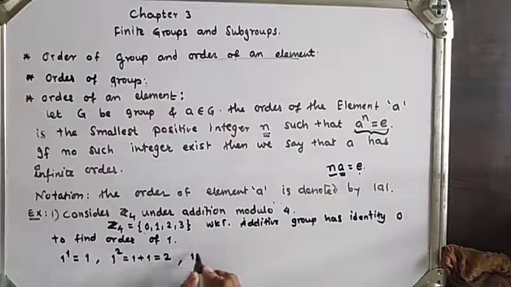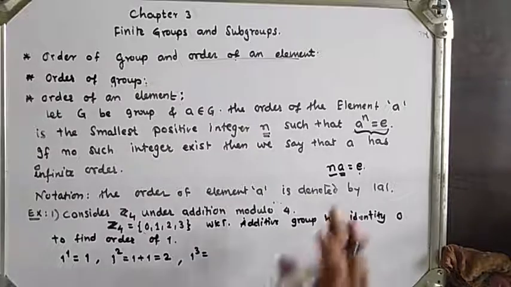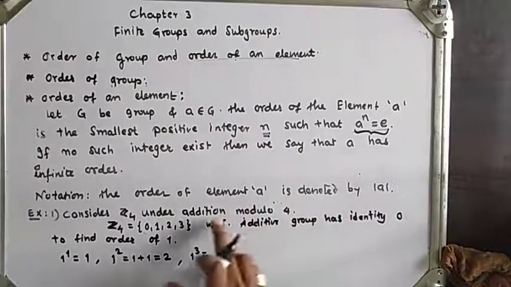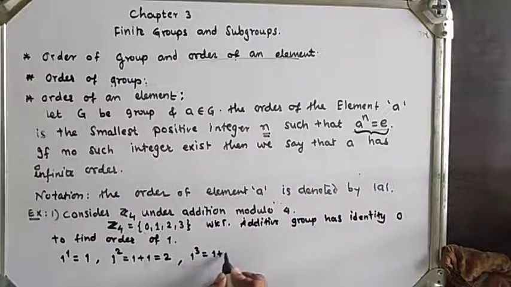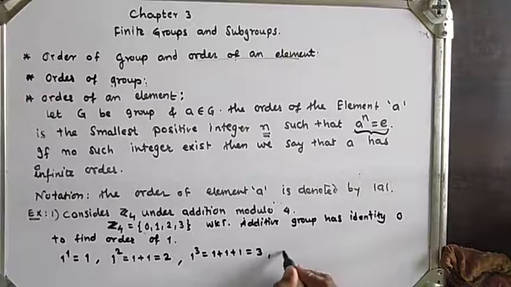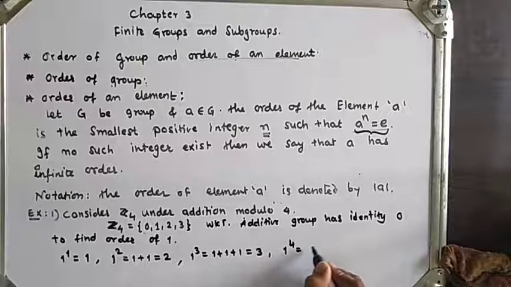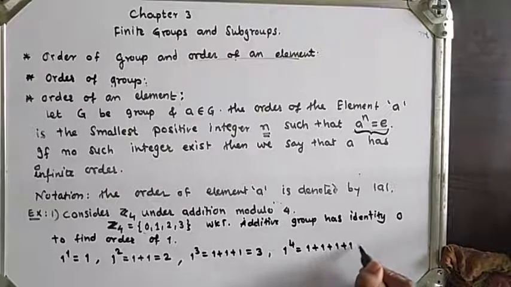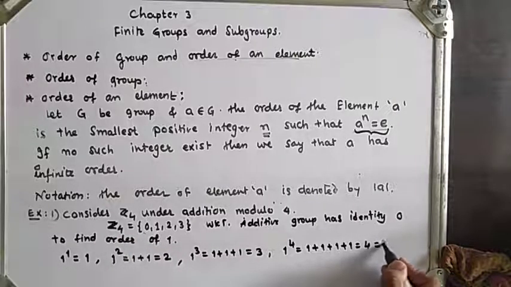Now 1 raised to 3 means, since the operation is addition, 1 plus 1 plus 1, which is 3. Again not identity. Next, 1 raised to 4 is equal to 1 plus 1 plus 1 plus 1, which is 4, and 4 modulo 4 will be 0.